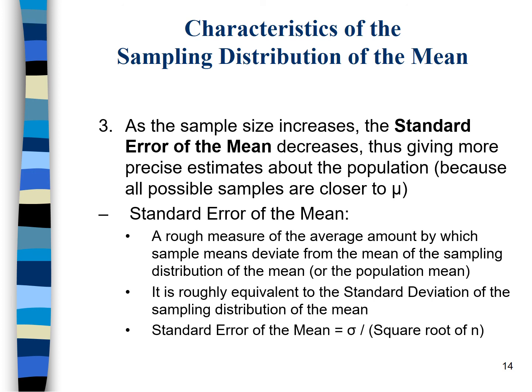How do we measure the width? We measure it with something called the standard error of the mean. So as sample size increases, the standard error of the mean decreases. Why is this good? Well, it gives us more precise estimates about the population. Why? Because all possible samples are going to be closer to mu.